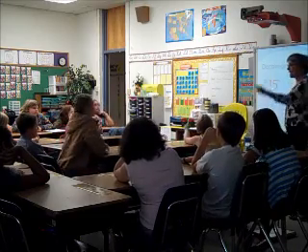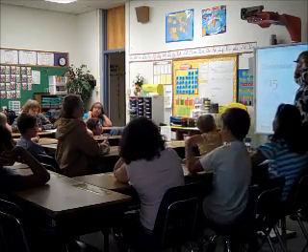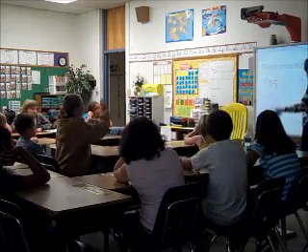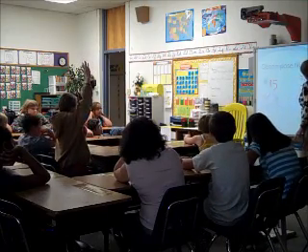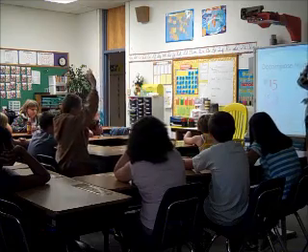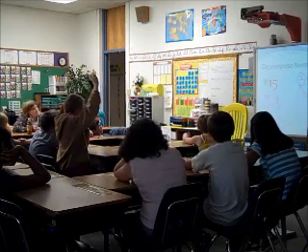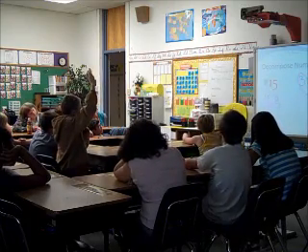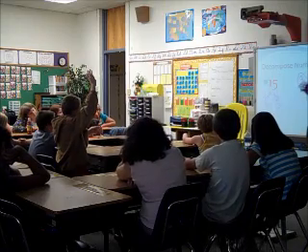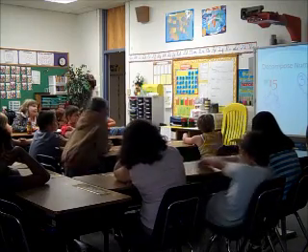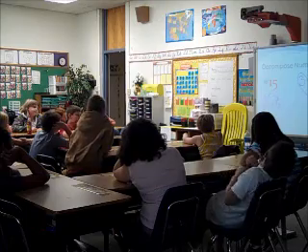I can think in my mind, 3 times 10 is 30. I can hold that in my brain. What's 3 times 5? 15. And what's 30 and 15? 45. See how you can do that?